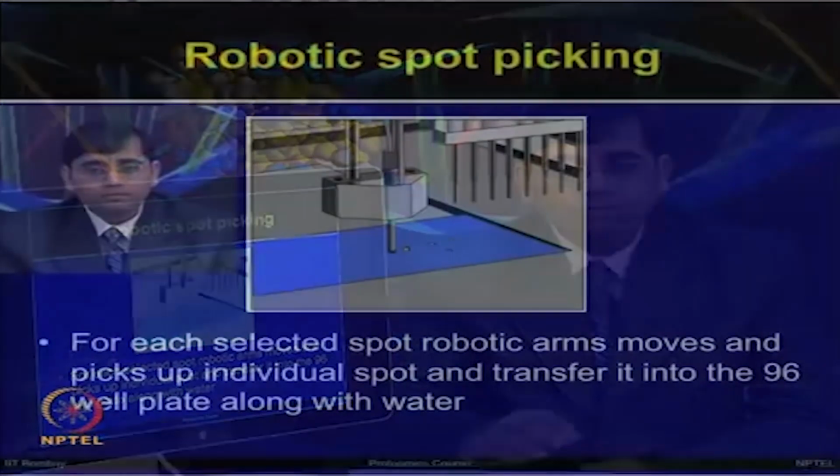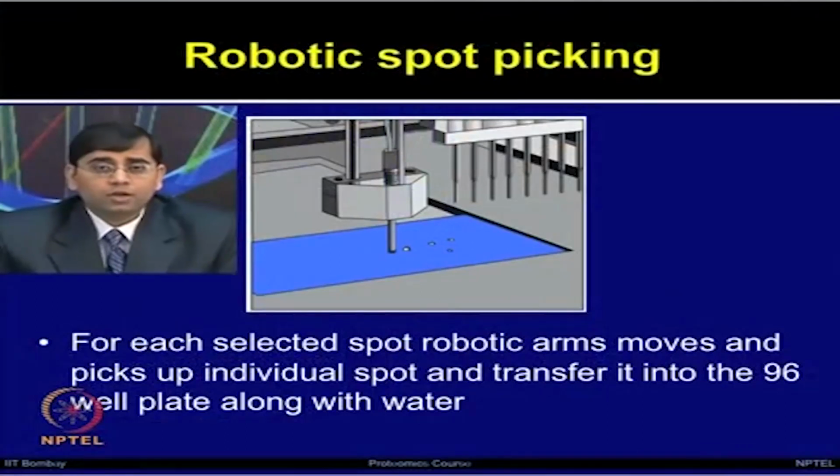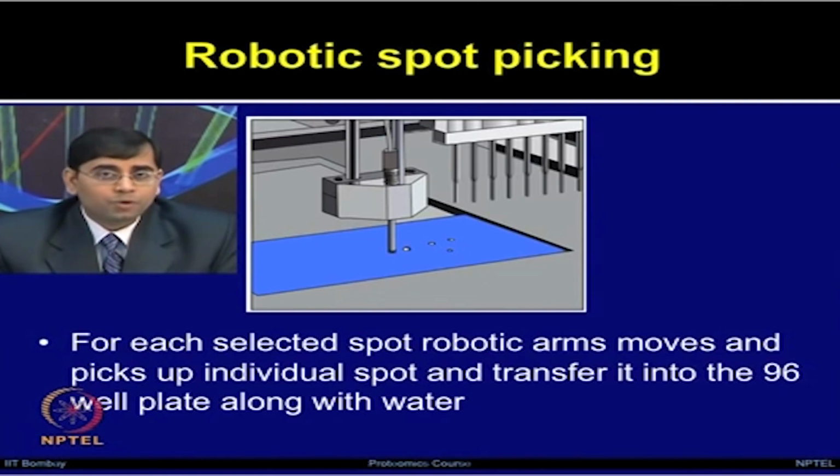The second part is robotic spot picking, which, as I mentioned, is more accurate and more precise, but more costly. If you are doing global profiling, you have to rely on robotic spot picking. Often if you are looking at Cy dyes or some sort of fluorescence stains, where you cannot even visualize the spots, then also you have to rely on robotic spot picking.